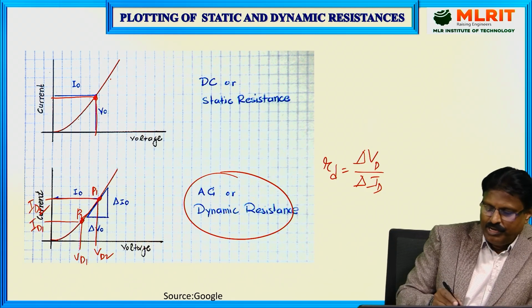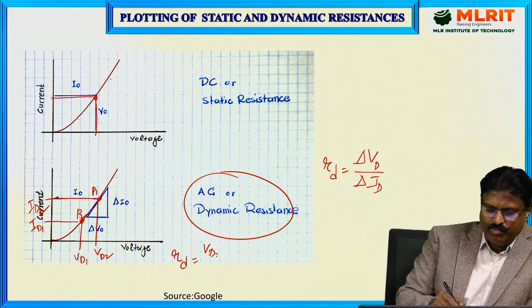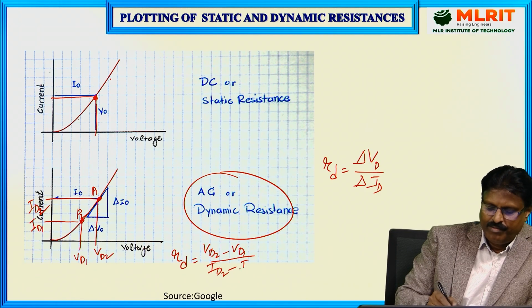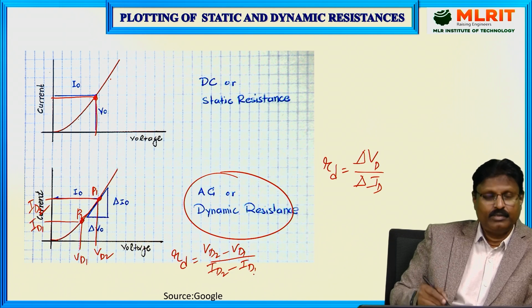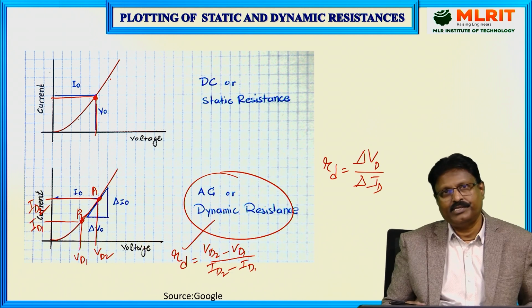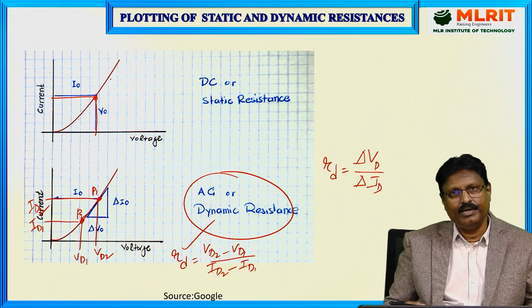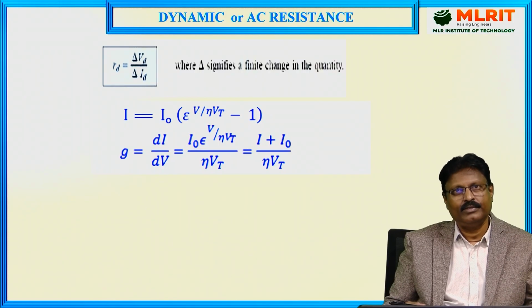So how do we calculate this rd value, the AC resistance? As you can see here, VD2 minus VD1 by ID2 minus ID1. In this way we can calculate the AC dynamic resistance from the given VI graph.